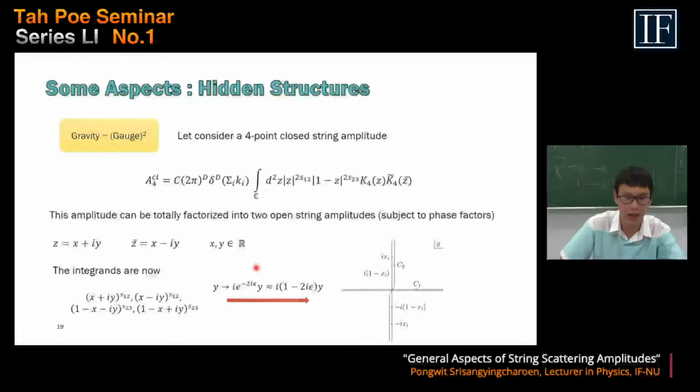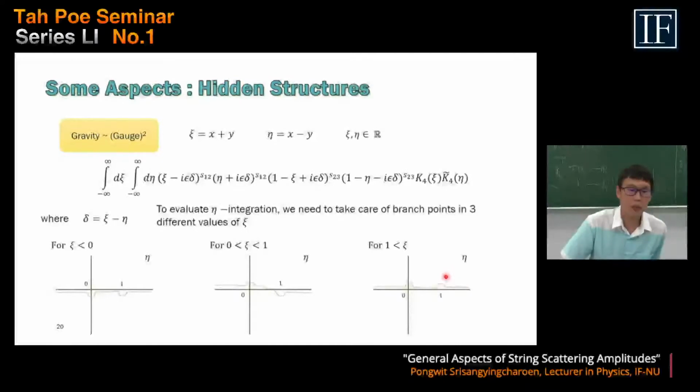To avoid that, I need to shift the contour a little by epsilon chi here. By doing this, we express x plus y and x minus y as new variables called psi and eta, and the integral turns into this kind of integral.